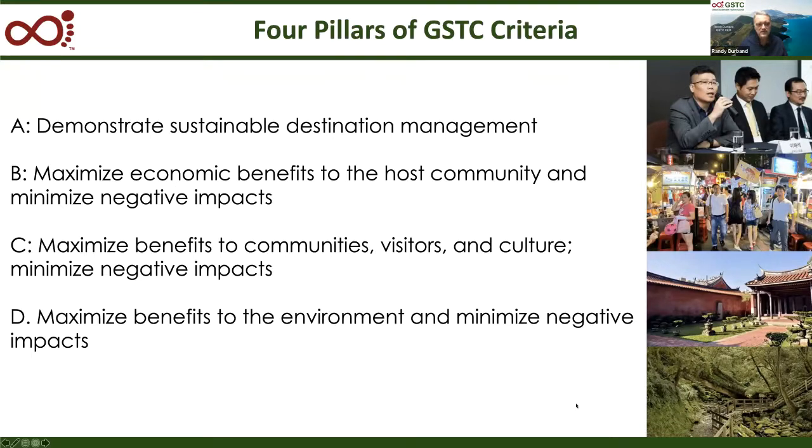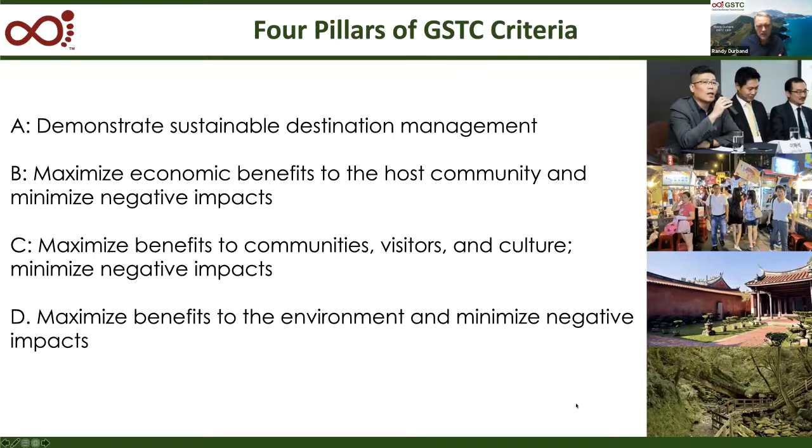Look at the language: maximize the benefits and minimize the negative impacts. That's the case with social issues, cultural and community issues, and environmental issues. So thank you very much for framing that up. Frida, very nicely said. So this is really the basis of our work. Ram has queued that all up for you.